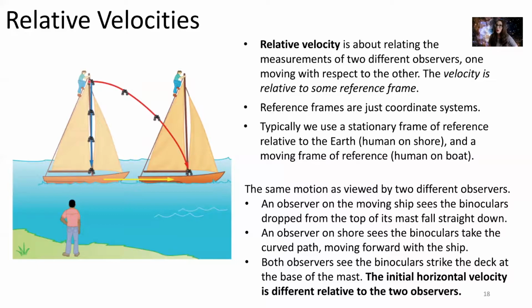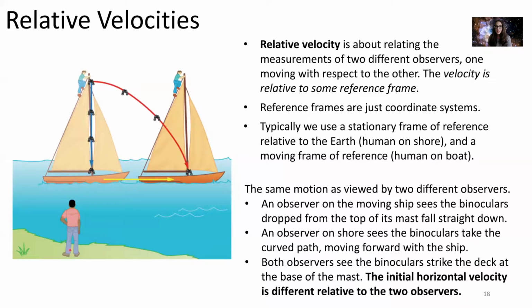And because you are there moving with the boat, what you see in your frame of reference is the binocular dropping straight down. Within your frame of reference, you are moving with the boat, and so everything is relative to the boat's motion. But your friend who is an observer standing on the edge of the riverbank watches this same event happen too.